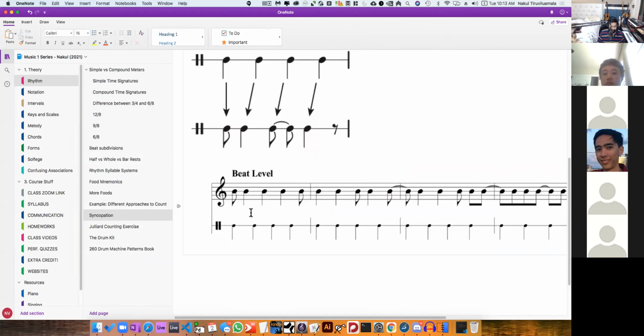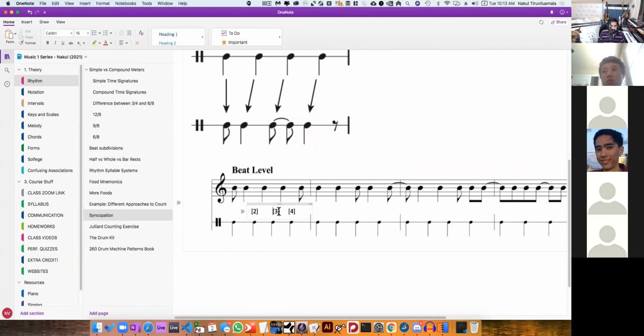So right here, let's write in all the beats that are obfuscated. Okay, so we have beat 2. We also have beat 3 obfuscated. And then we have beat 4 that's obfuscated, right? You can clearly see that where I position these particular beats contradict the events that occur on the staff above it.